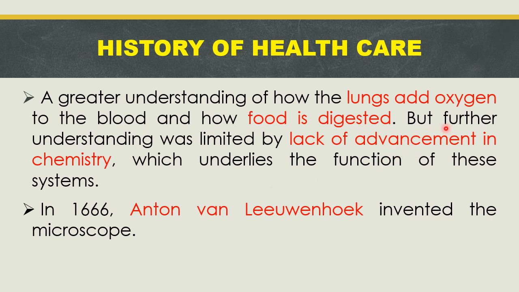So yun, we can just understand actually the digestion and even breathing or respiration if we have knowledge in chemistry, like the oxygen and the enzymes that are involved in digestion. So, yun. They do not have that kind of knowledge pa nung Renaissance period.